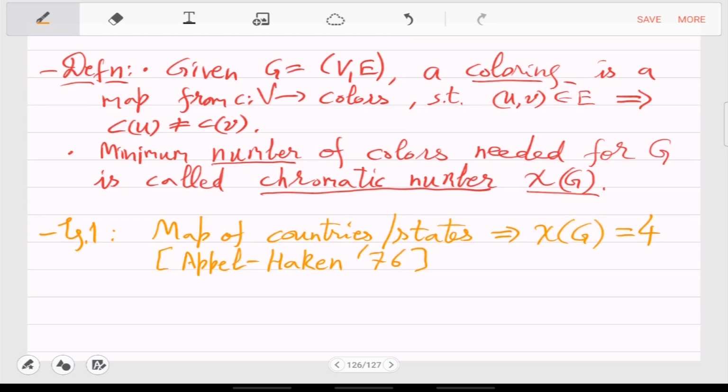And later on, some other proofs were found, so there are multiple proofs now which don't need computation or exhaustive search. But this is only for information. We will not discuss this or ask questions about this, because this is a very complicated proof out of the scope of this course.